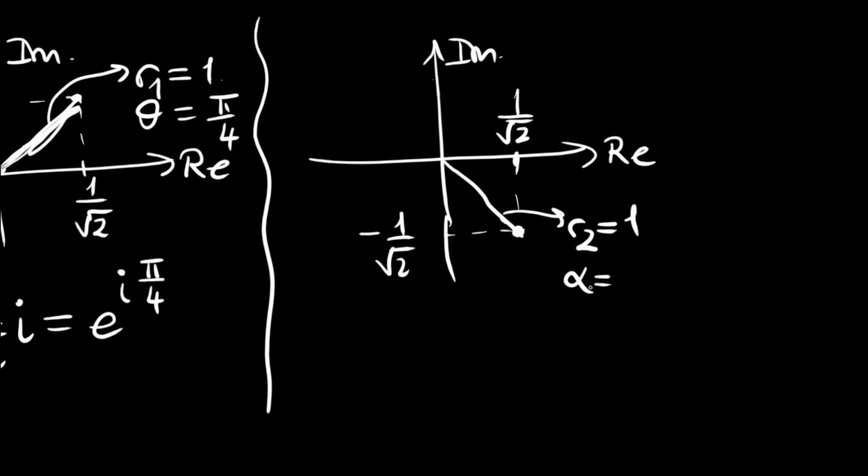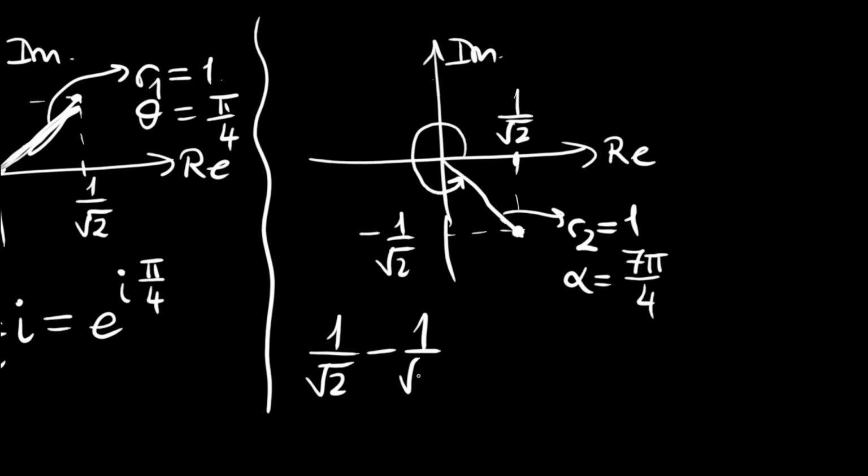But α here is this angle here, which is 7π/4, I guess. So 1/√2 − (1/√2)i is 1 times e^(i7π/4).